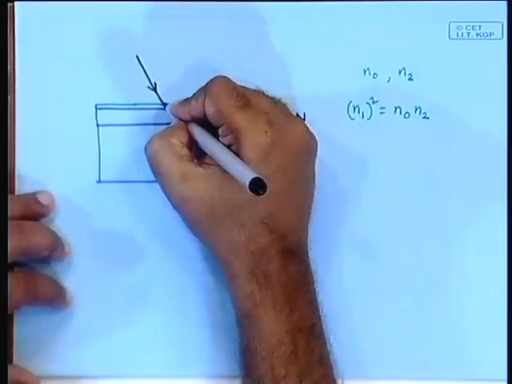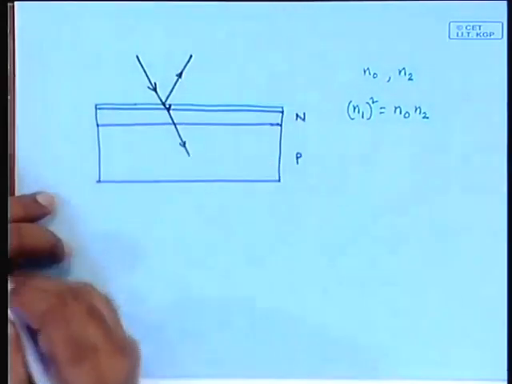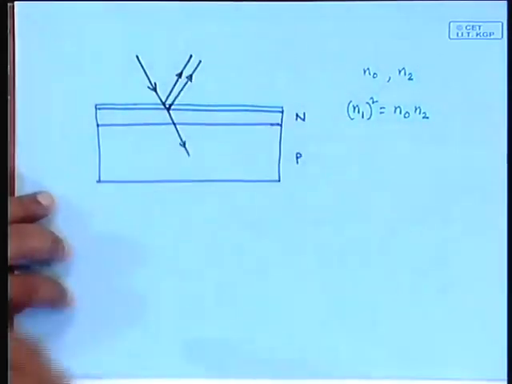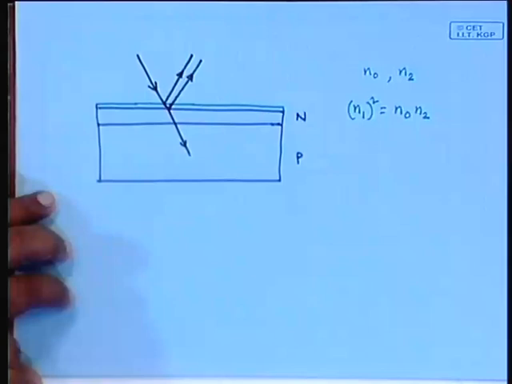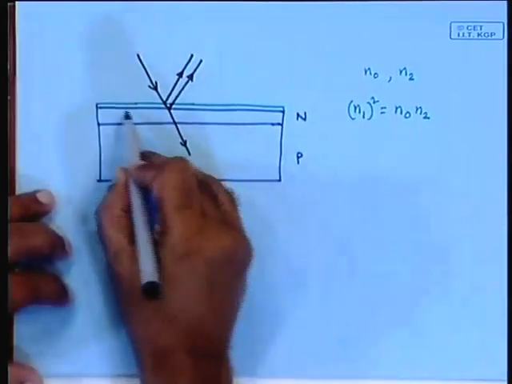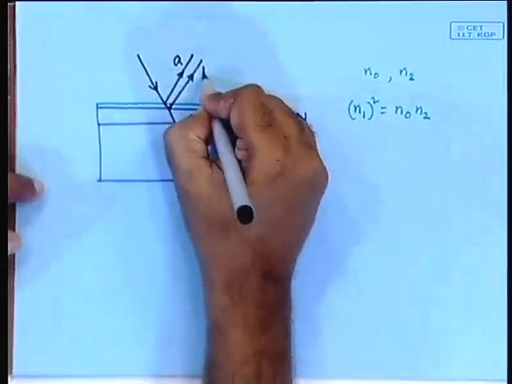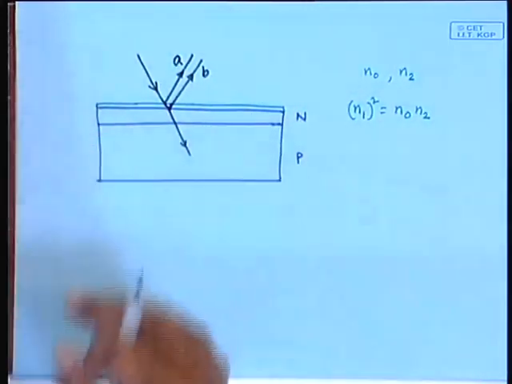Some part will be reflected off here, and some part will be reflected off here, and it is possible to make this coating such that these two, say I call it A and B, are 180 degrees out of phase.